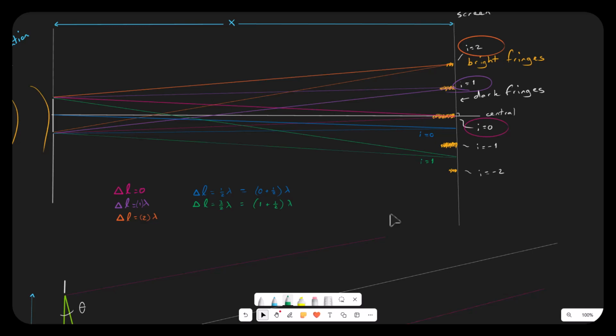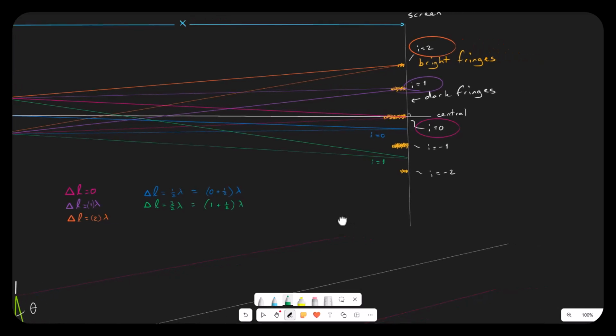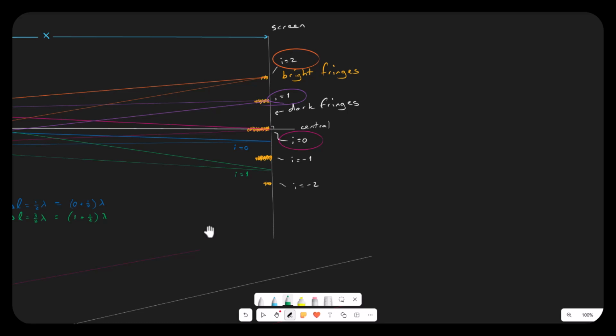Trying to put these pieces together a little bit and summarize them because the pictures get pretty busy and the equations get pretty busy. What I found, my path length difference, which is equal to d times the sine of theta, if it's equal to a whole number of wavelengths, I get a bright spot.